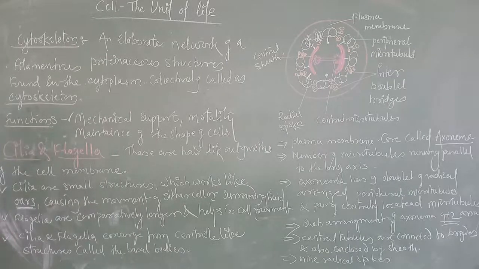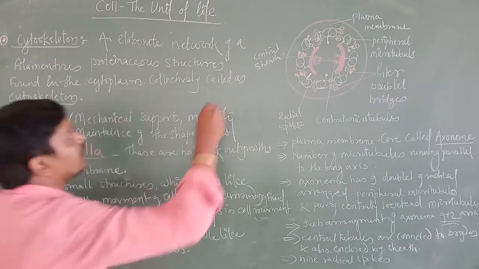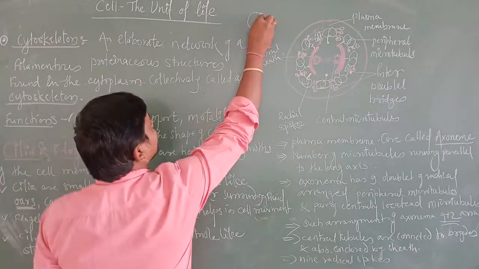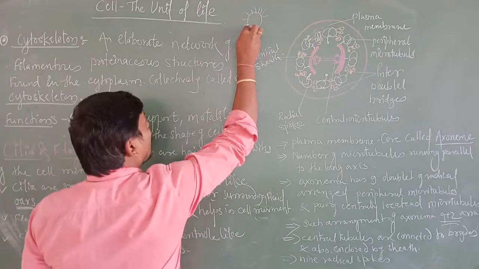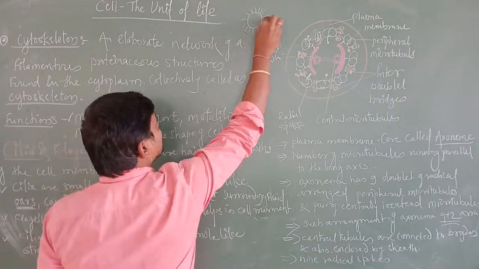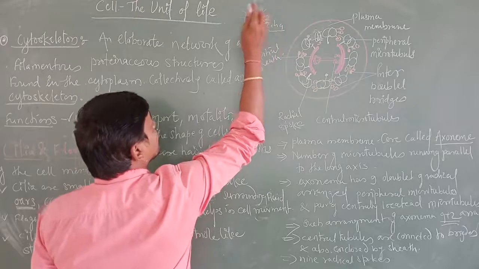Now we are moving towards the next organelles, which we usually study together: cilia and flagella. Where do we find cilia and flagella? Suppose there is a cell and a cell membrane; you will find tiny hair-like structures, which are called cilia.